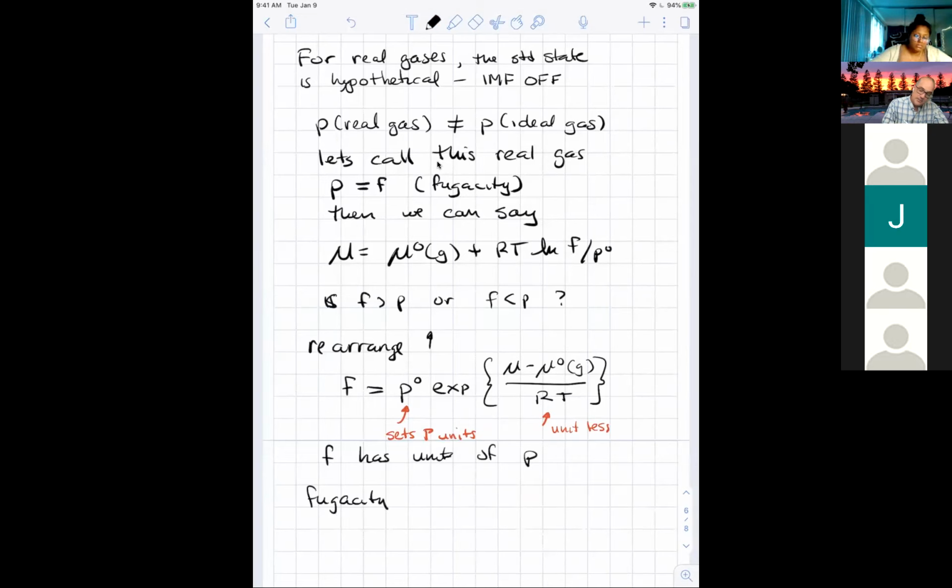So fugacity can be seen as the virtual pressure, right?